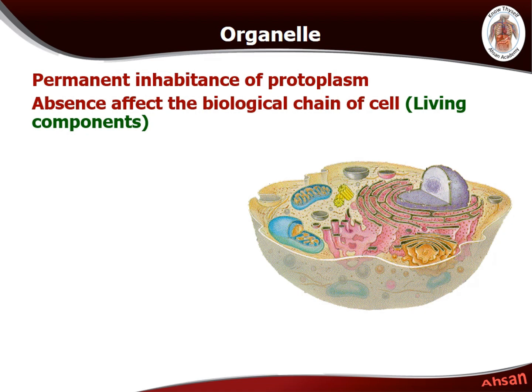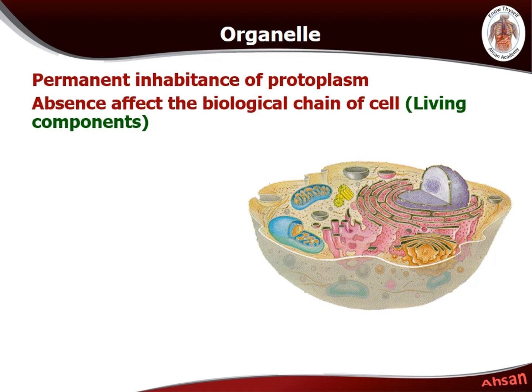These are the organelles. Organelles are the permanent inhabitants, and they conduct all the biological reactions happening in the cell. So in the absence of one type of organelle, the cell will not survive.